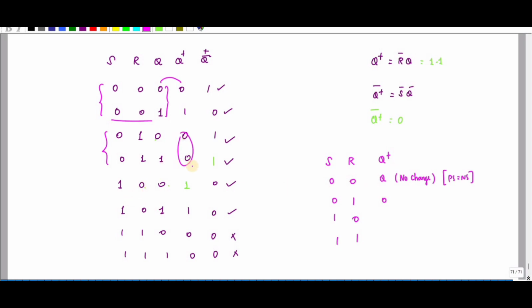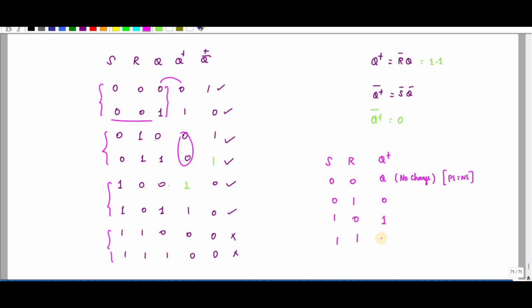Next for 1 0, for whatever the value of q, the next state goes to 1. Okay, so for 1 1, these two conditions, the q plus and q plus bar are 0 0, that should not happen. That case should be avoided.